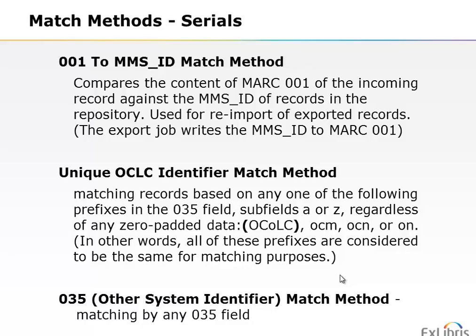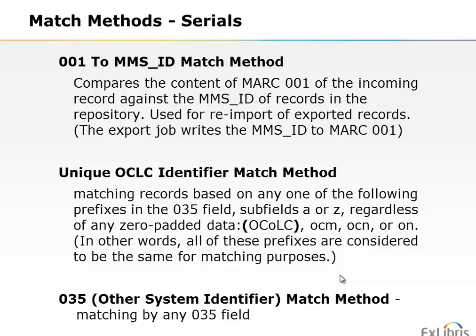The export job takes the MMSID of the exported records and writes it to the MARC 001 of those records, so that upon re-importing those records, the MARC 001 of the incoming records serves as a match point against the MMSID of the existing records, so that those records can be matched and the incoming records can be used to overlay the existing records.